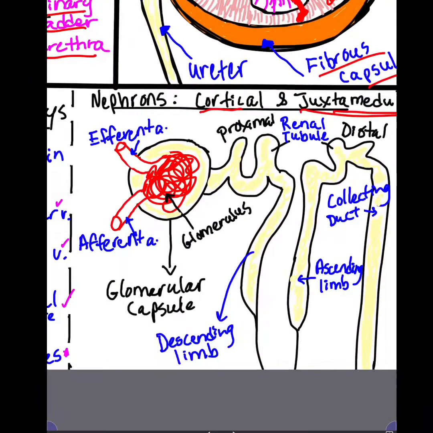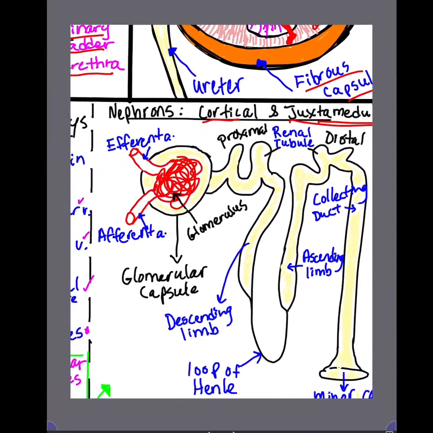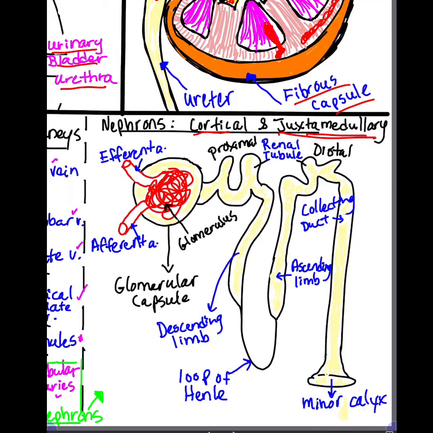Now let's go over the nephrons. Each nephron consists of a renal corpuscle and a renal tubule. The renal corpuscle consists of glomerular capillaries, or the glomerulus, and a glomerular capsule.